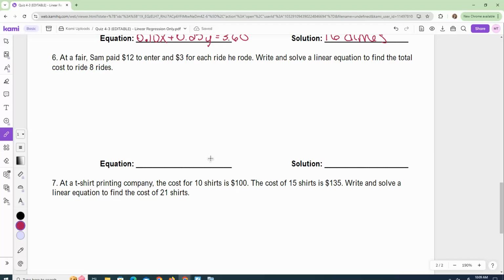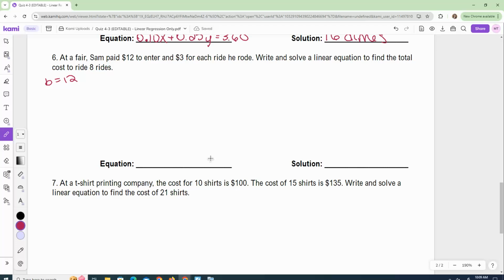Once. Anything that is a one-time fee is going to be what? B. So everybody should be writing down right now, our B is 12. We paid that $12 one time.